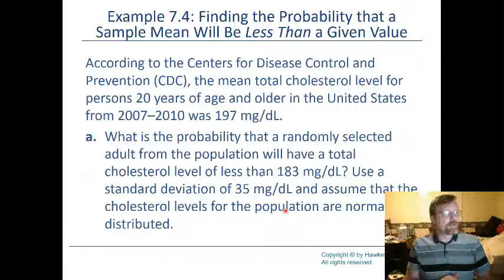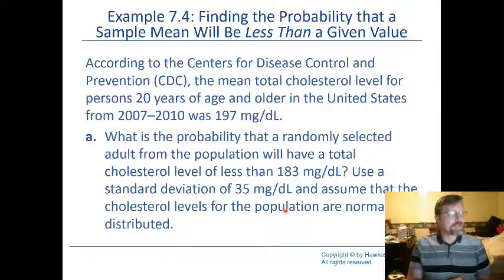So according to some CDC data, and the source will be on the next slide, the mean total cholesterol level for people over 20 from 2007 to 2010 was 197 milligrams per deciliter.